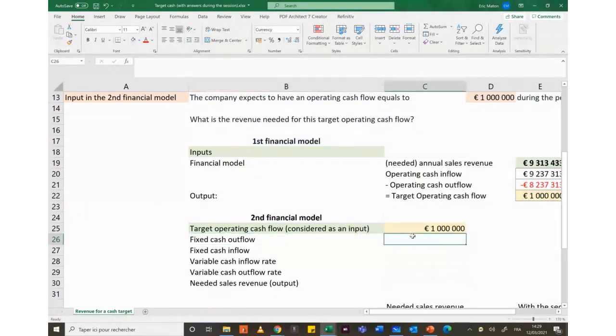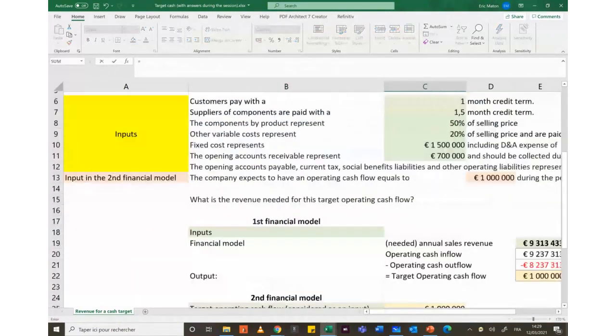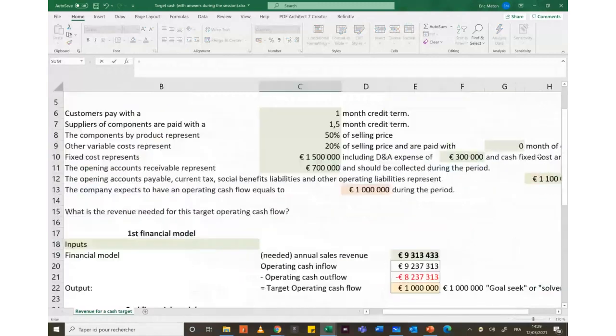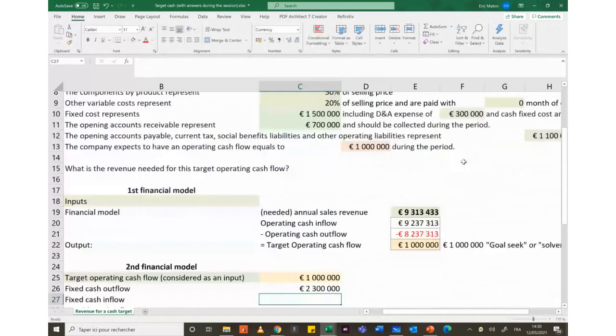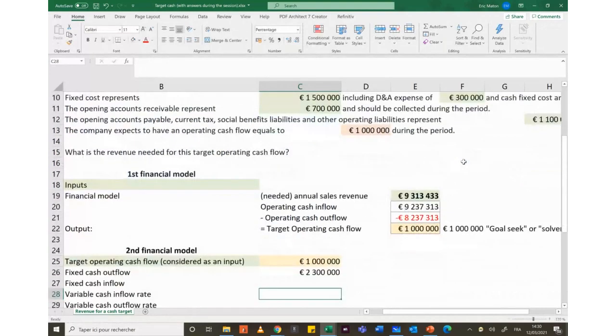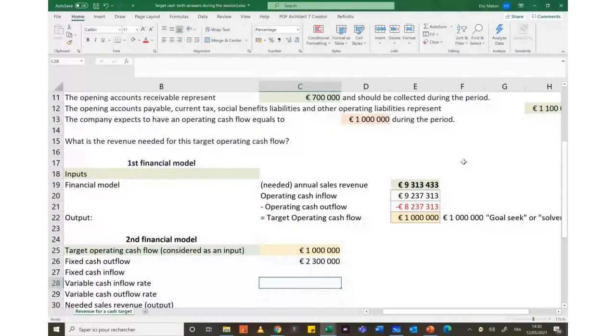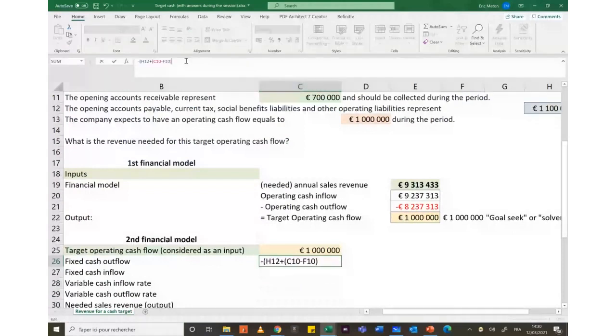So the fixed cash outflow, it's the 1.1 million I have to pay, plus the 1.5 minus the 300,000. This is the fixed cash outflow. So I can put minus 4. Okay.